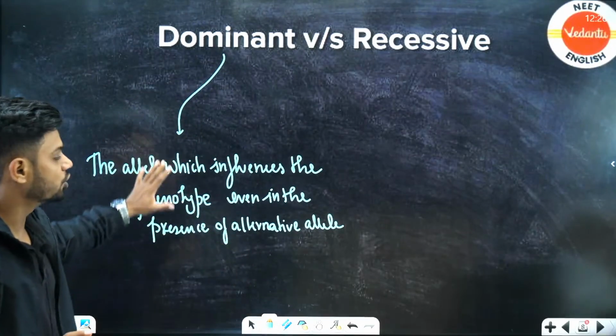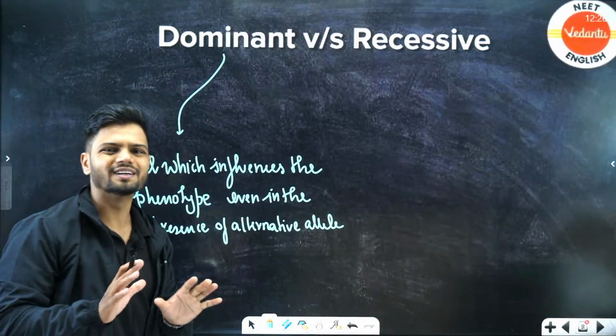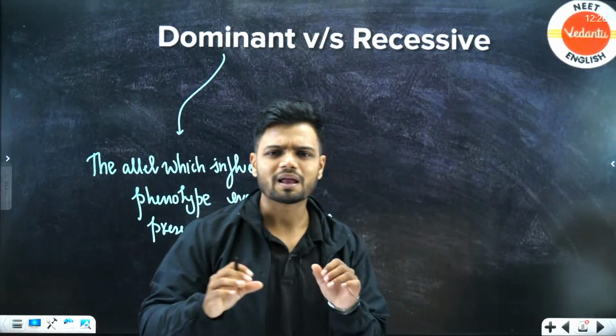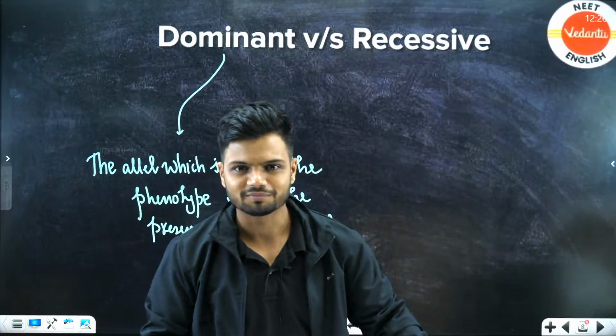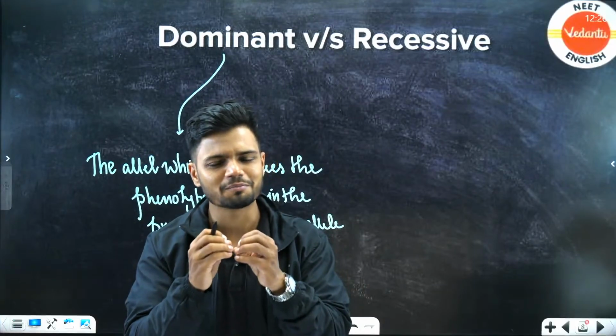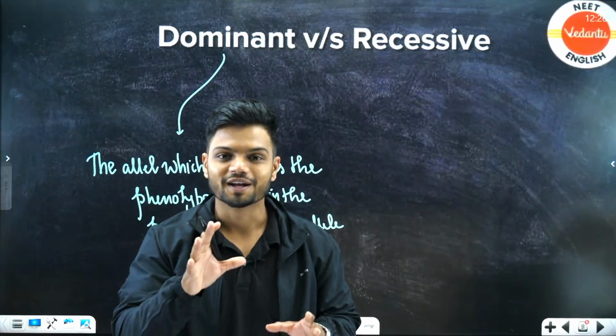That is called a dominant allele. This is like the loud kid in the class: whatever happens, this kid will keep on talking, shouting from the back. A loud kid in the class who will always keep on talking. That is called dominant.